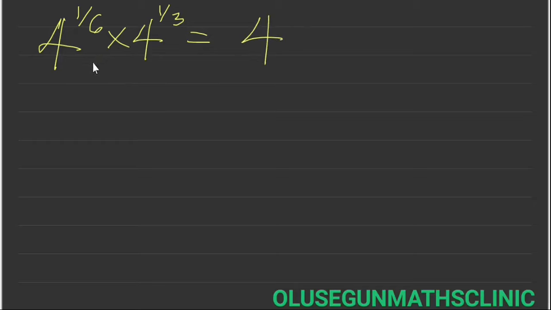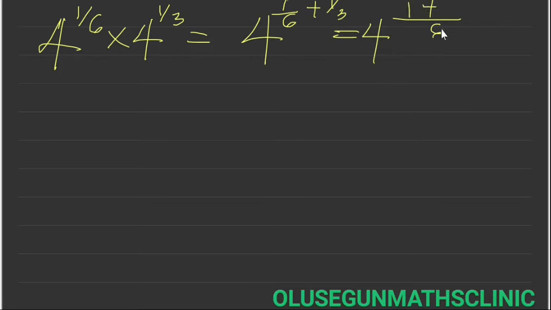Because it is a multiplication, you add the indices: 1 over 6 plus 1 over 3. So what do you do from here? In adding this, the LCM is 6. So 6 in 6, 1.